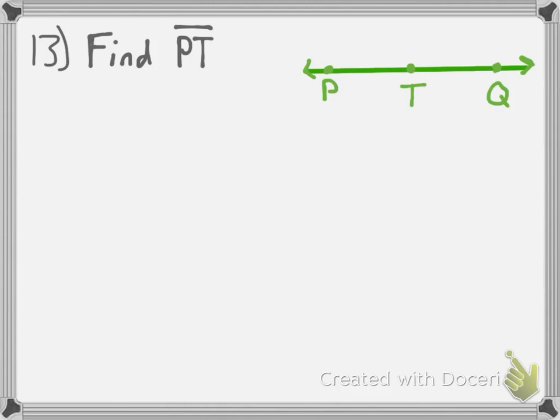Okay, for number 13, we have this segment PTQ, or segment PQ. It's asking us to find the length of PT. So if it says find PT, they want you to find the length of PT. Some information we have is that PT is equal to 5x plus 3.